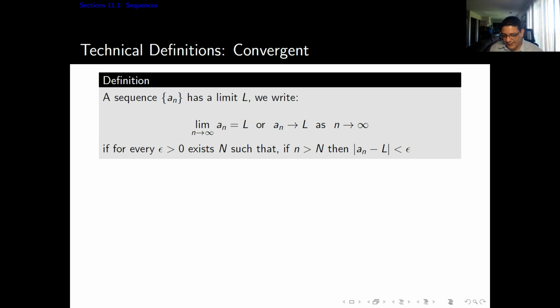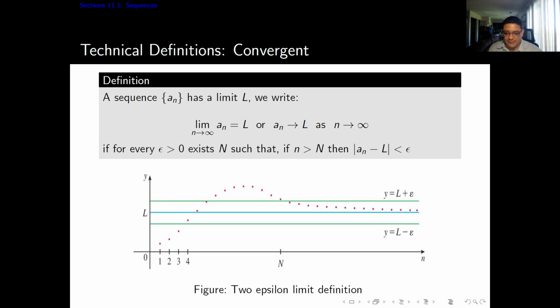It's going to be less than epsilon. What that means is that we're going to have a situation like this. After a certain N, the sequence members are going to be within a threshold of L. They're not going to be far away from L. So it's going to be between L minus epsilon and L plus epsilon, and all the points are going to be inside of that band. And that is precisely what this definition is saying about the limit.